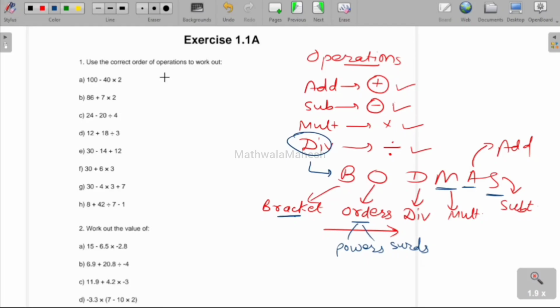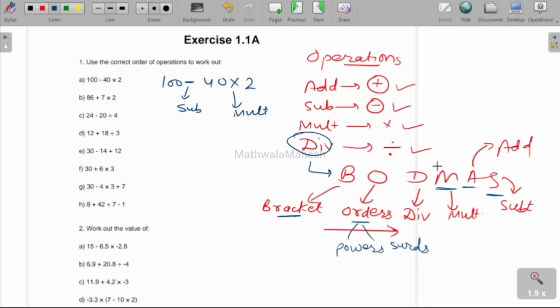In this question, 100 minus 40 multiply 2. From the BODMAS rule, there are two signs. First is subtraction and second is multiplication. So from left to right, which operation comes first?